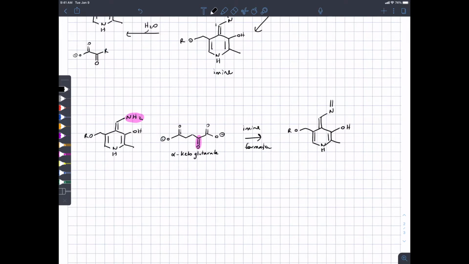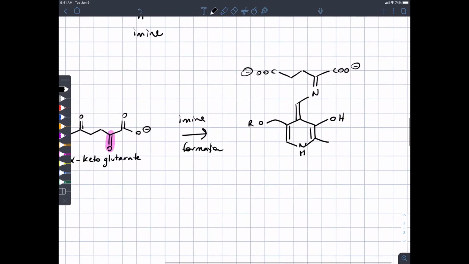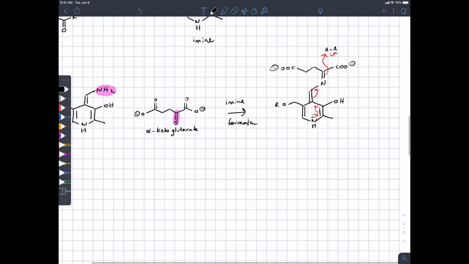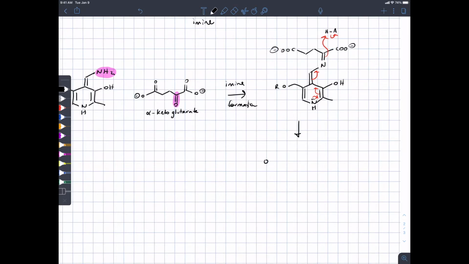All right, so and then with lone pair here, electrons can kick down and we pick up an alpha proton. We protonate on the alpha carbon from some acid, perhaps from the enzyme. Again, that key step changes which side of the nitrogen the imine is on.